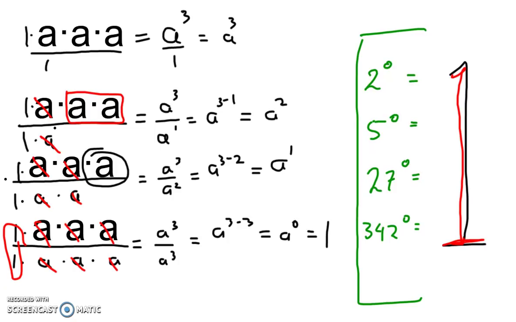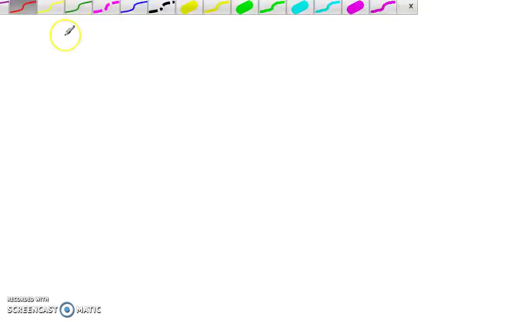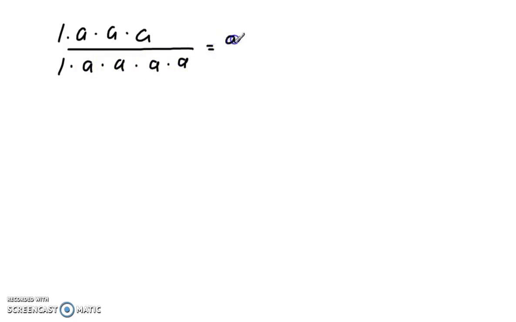Okay, now I can keep this example going if I have a times a times a over, let's say we keep that 1 there, times a times a times a times a. Now that's a to the third over a to the fourth. If I write it this way, 3 minus 4, what I get is a to the negative first.